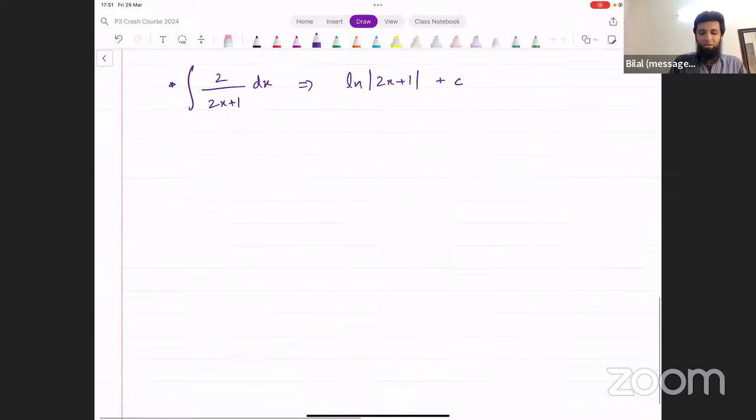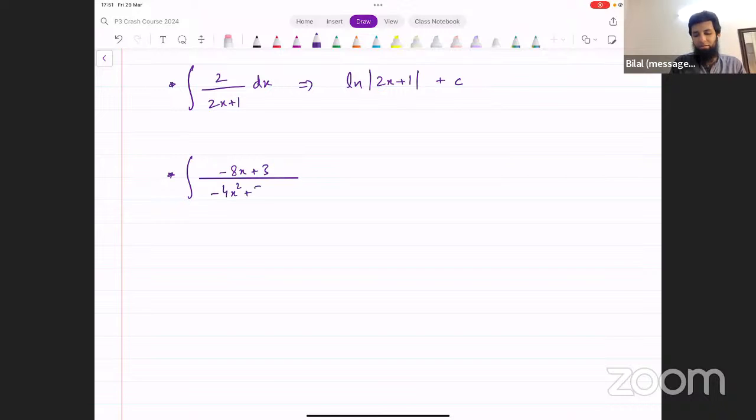Now let's take another example. Let's say you have something like this. Integral of a fraction that looks like this, minus 8x plus 3, and in the denominator, you have minus 4x squared plus 3x minus 10. You want to integrate this.